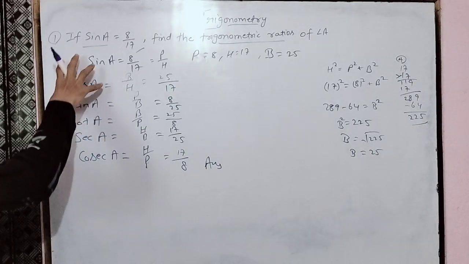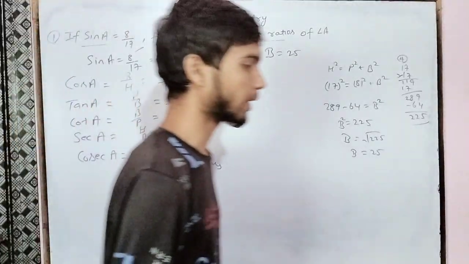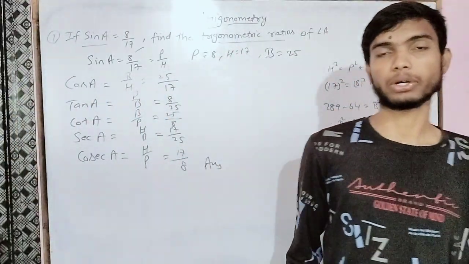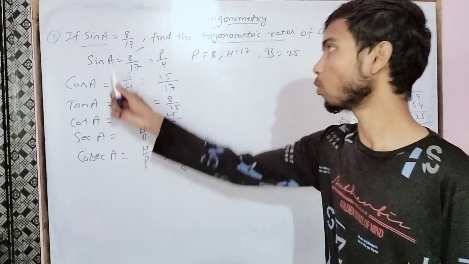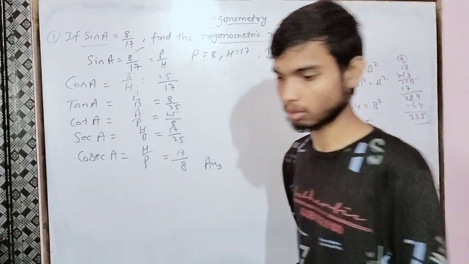Find the value of all trigonometric ratios. So there are only 6 ratios in trigonometry: 1, 2, 3, 4, 5, 6. Those are here.